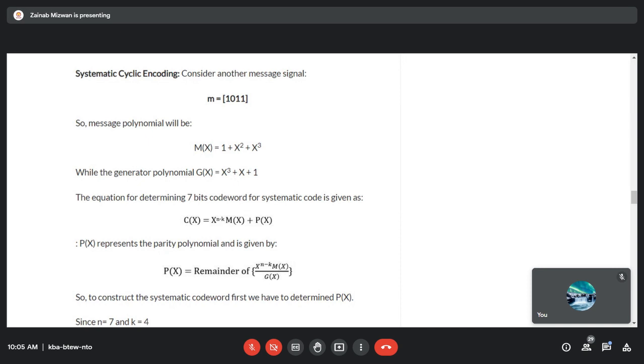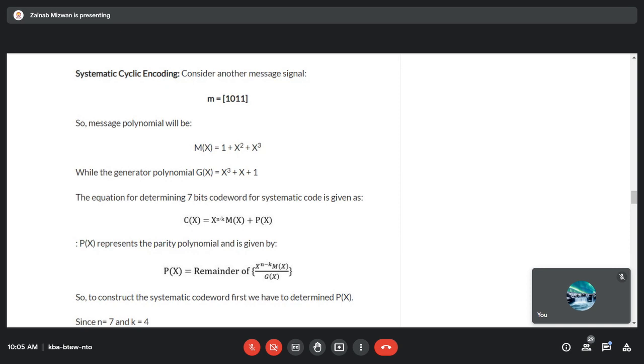Divide the product. ये जो हमने जो multiply किया है m of x into x raised to n minus k, जब हम इसको multiply कर रहे हैं m of x को किससे multiply कर रहे हैं x raised to n minus k से. इनको multiply करने के बाद जो हमको product मिलेगा, product को हमको क्या करना है? We have to divide that product by the generator polynomial g of x, and then remainder b of x is obtained.